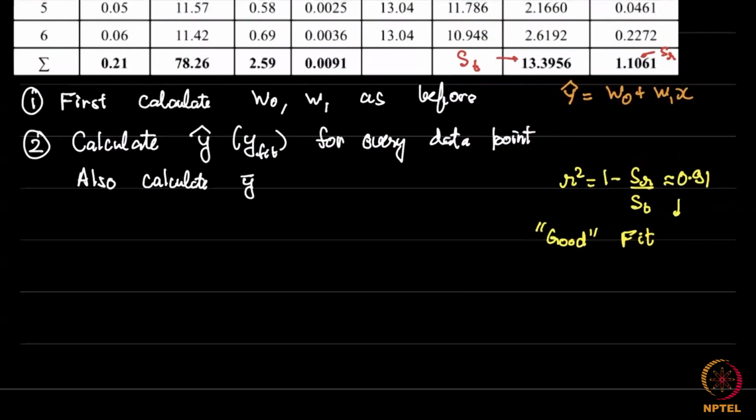Okay, so what we have done so far is talk about the goodness of fit and how we can calculate it in this simple case. There is sort of a formal definition for the coefficient of determination. I'll write that down.